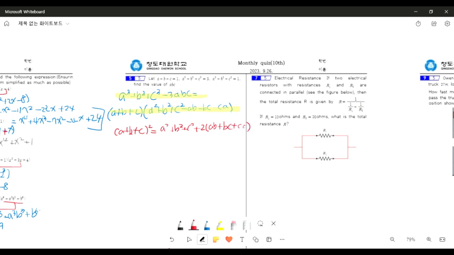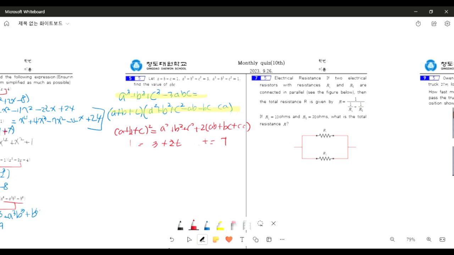So putting in the numbers, 1 equals 3 plus 2T, letting ab + bc + ca equal T. So T equals negative 1. So ab + bc + ca equals minus 1.